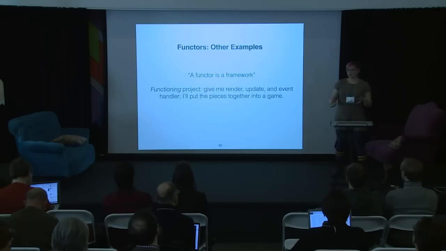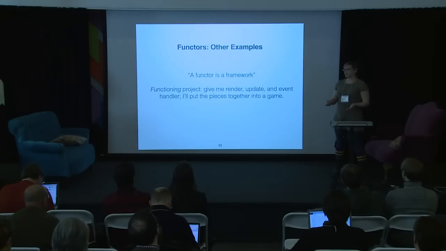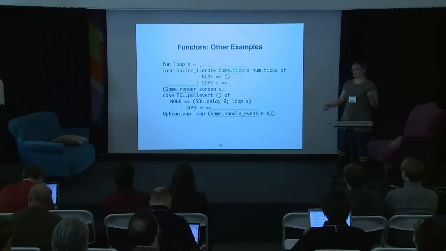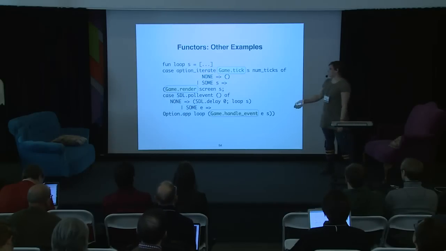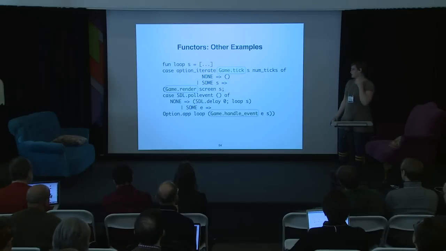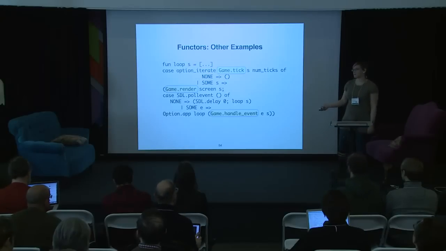And then you throw that into the functor, and it gives you the main function, which you can call, but that does all of the low-level implementation of the game loop. And so just at a glance, this is the core of the implementation of the Functioning functor, where we're using some game that implements our game signature and using it to put all the pieces together into a running game.